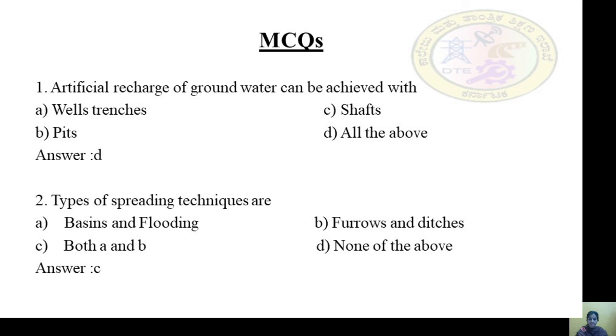The second one: types of spreading techniques are A, basin and flooding, B, furrow and ditches, C, both A and B, D, none of the above. The answer is C, both A and B. Flooding and basins, furrow and ditches, both are spreading techniques.